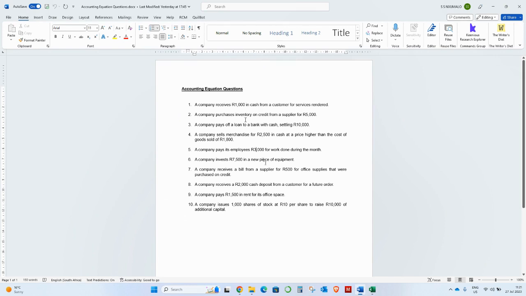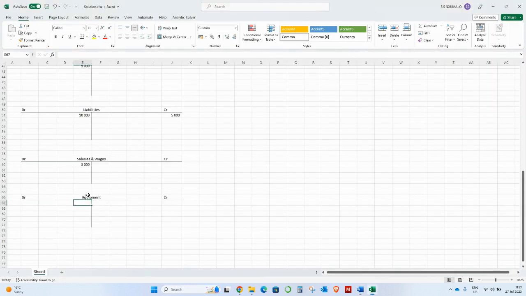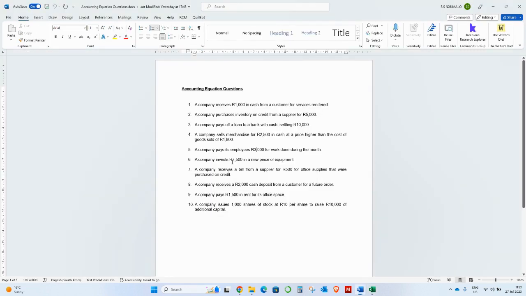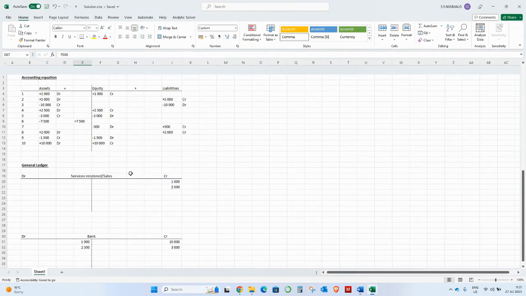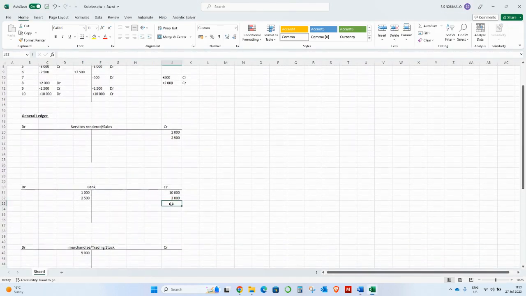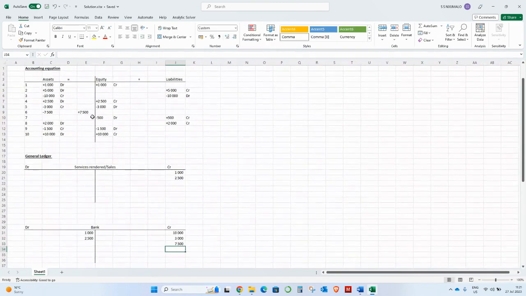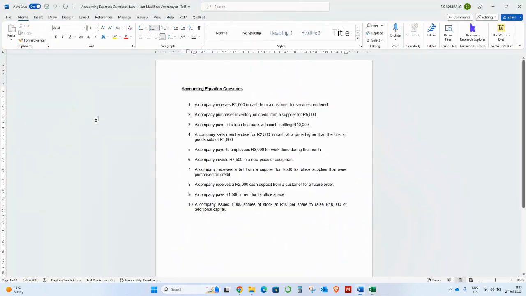How much was the equipment? 7.5. Equipment is an asset, so assets increase on the debit side. And then 7.5, our bank balance lost money, so our bank lost 7.5. You then credit it here. And that's it. We're moving on to number 7.